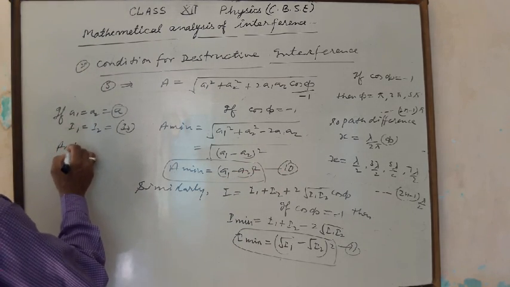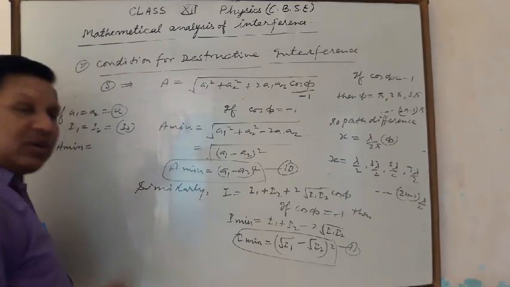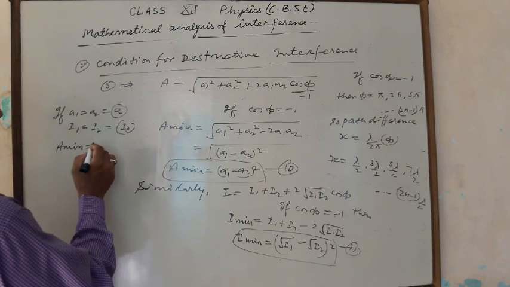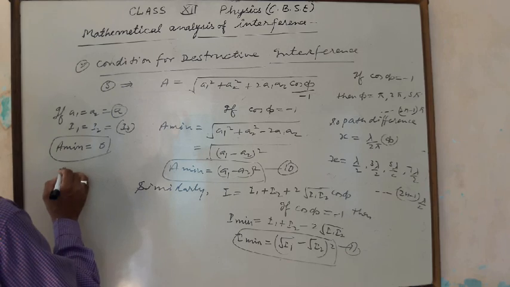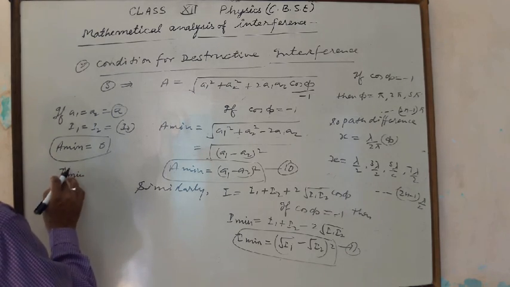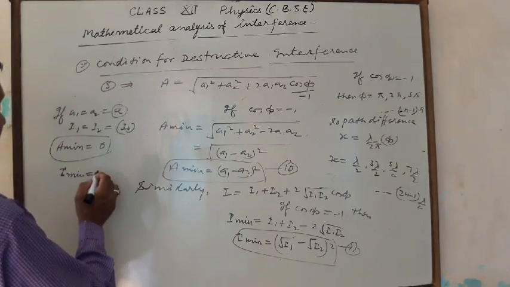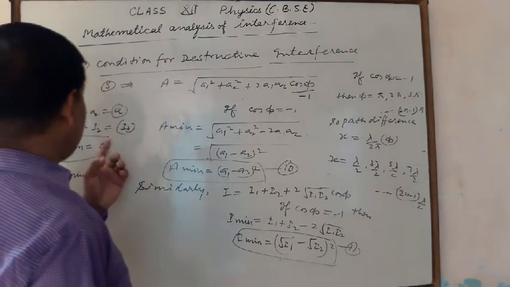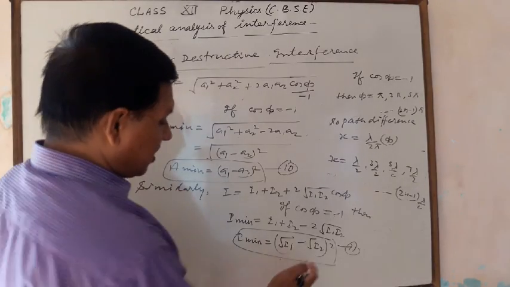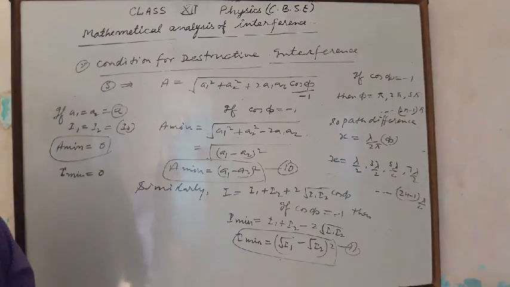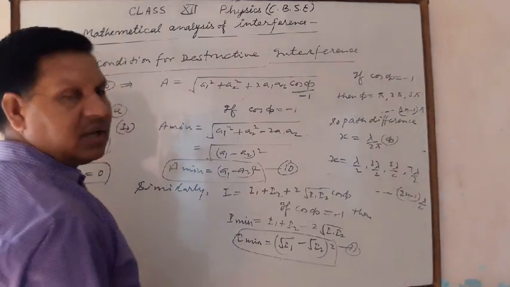We find that the amplitude of the resultant wave becomes minimum, equal to 0, and the intensity of the resultant wave also becomes minimum, equal to 0, because when we put under root I1 equal to I naught and under root I2 equal to I naught, we see that amplitude and intensity both become 0.